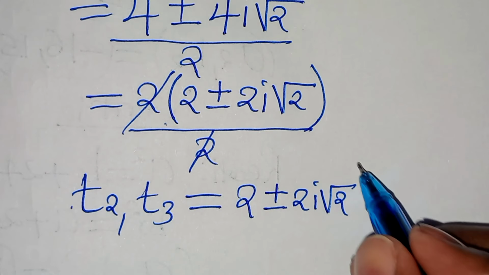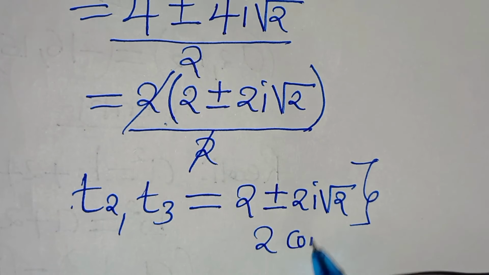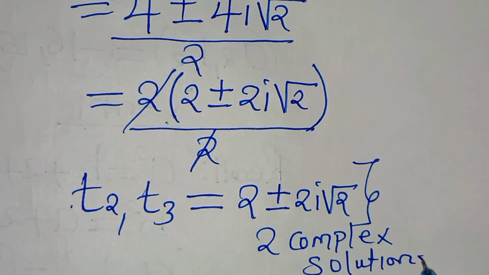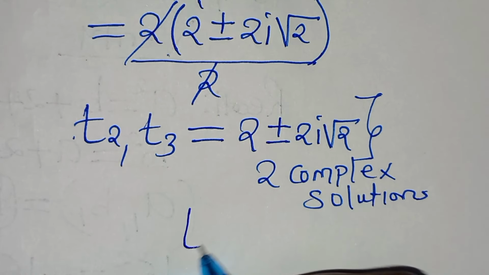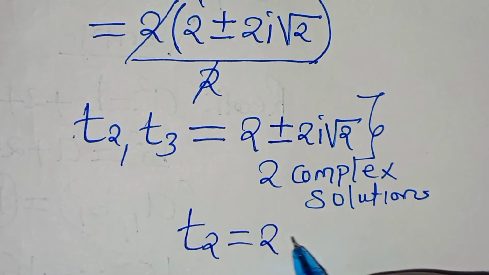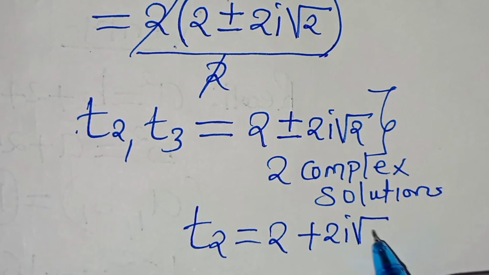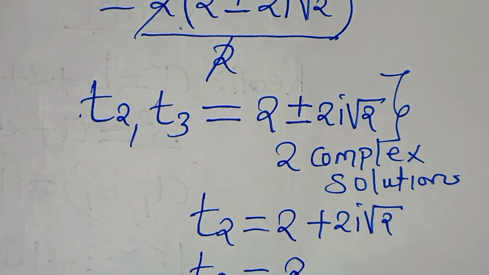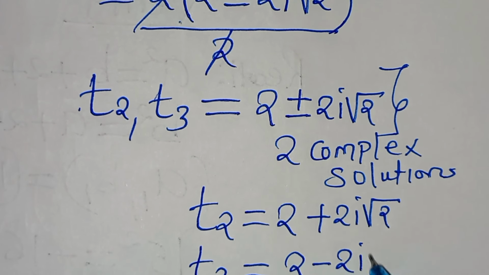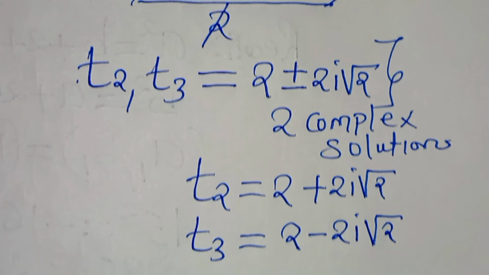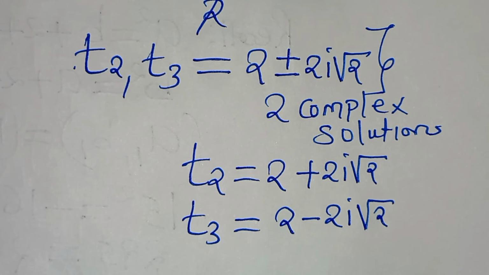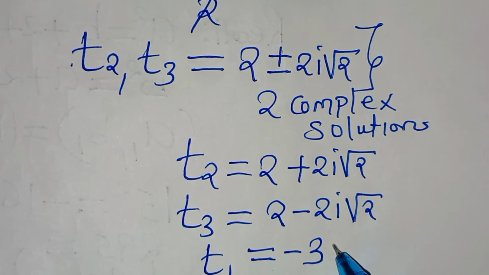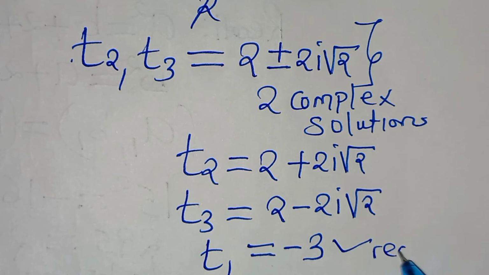These are two complex solutions. We have that t2 is equal to 2 plus 2i square root of 2, and t3 is equal to 2 minus 2i square root of 2. We only have one real solution here, which is t1, equal to minus 3. So this is the only real solution that we have.